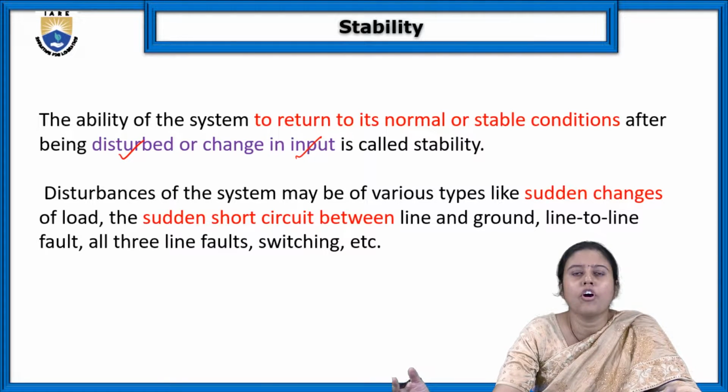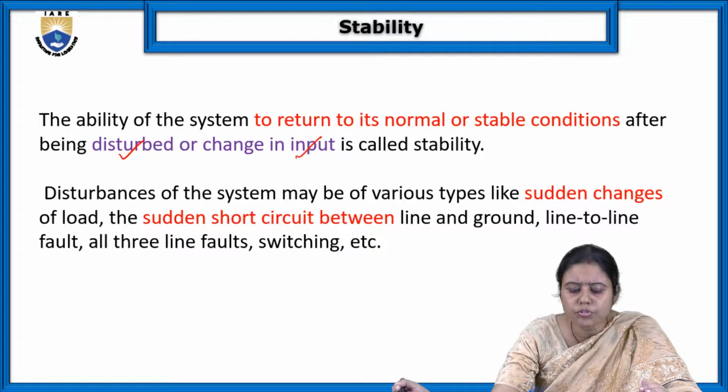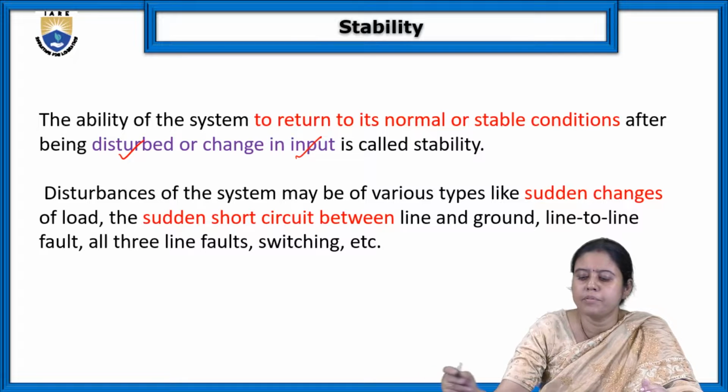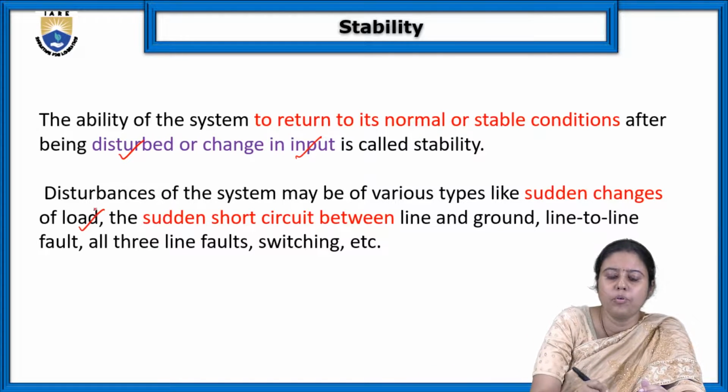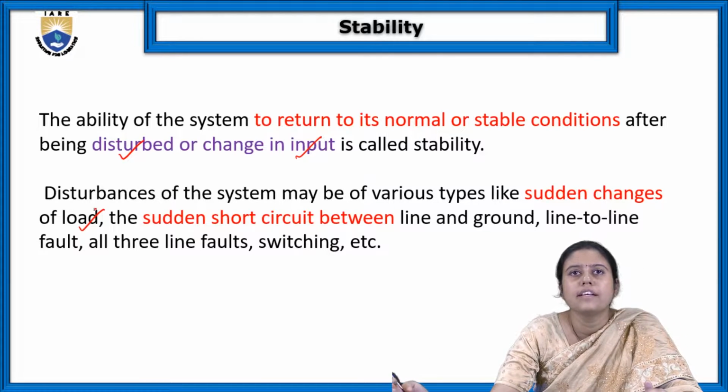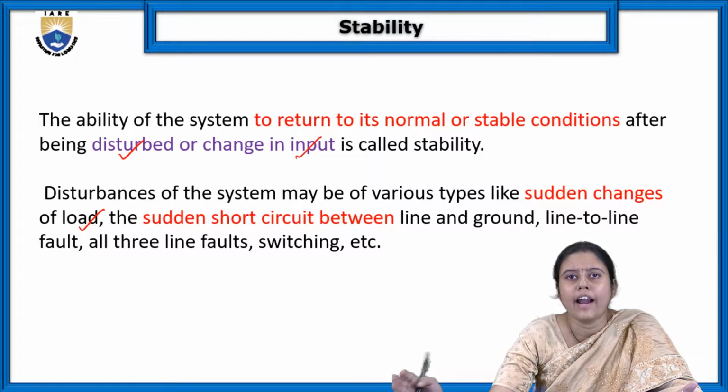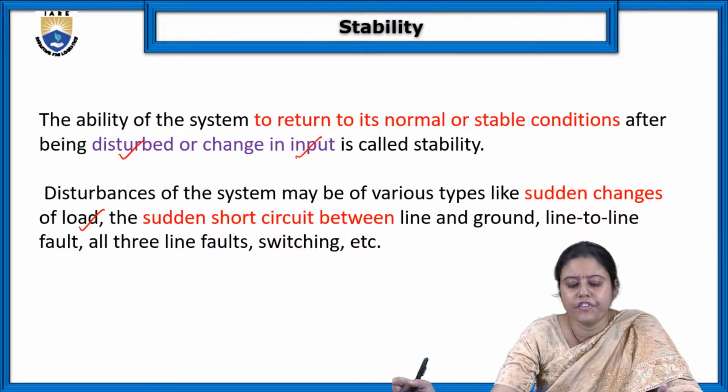In your house also, on the fridge, if you are using an old fridge, you can get a stabilizer. What is the use of the stabilizer? If the voltage level is more, it will stabilize the system. So, disturbances of the system may be of various types, like sudden changes of load. Sudden changes of load means the current is increased or decreased.